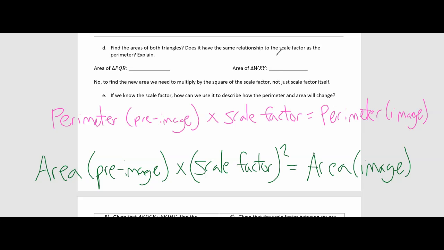Well, sometimes you may not know the dimensions of the new shape. Maybe they just give you the old area and they say, if I enlarge this polygon by a factor of 4, what is the new area going to be? In that case, you have to understand the relationship between scale factors and area.